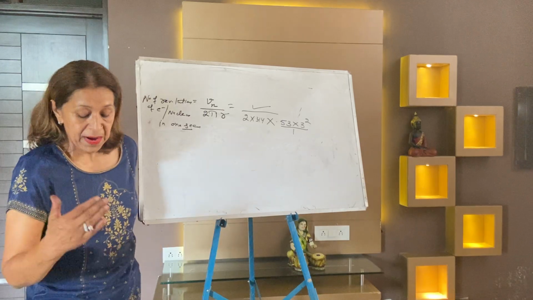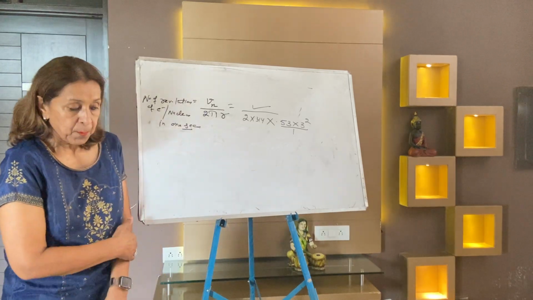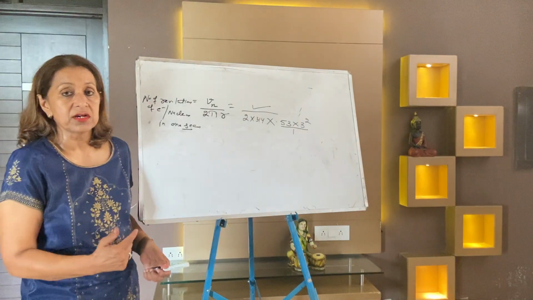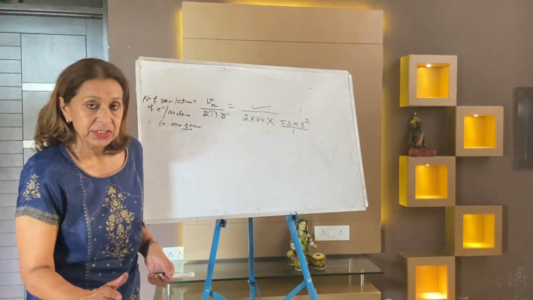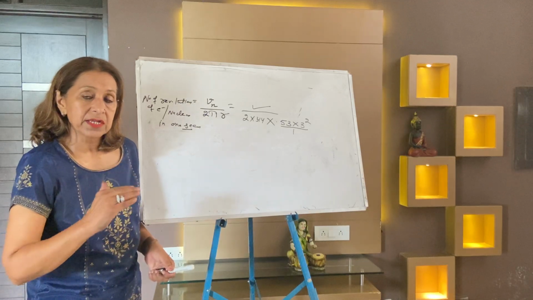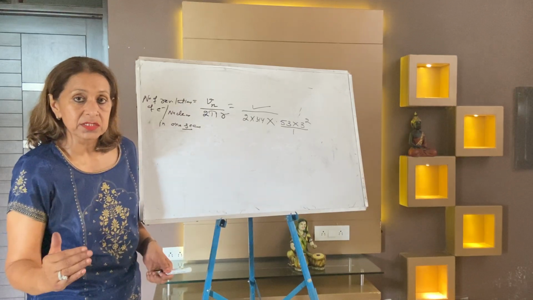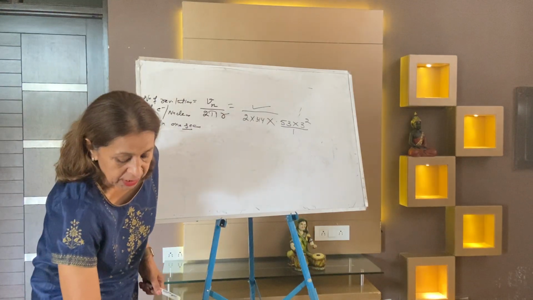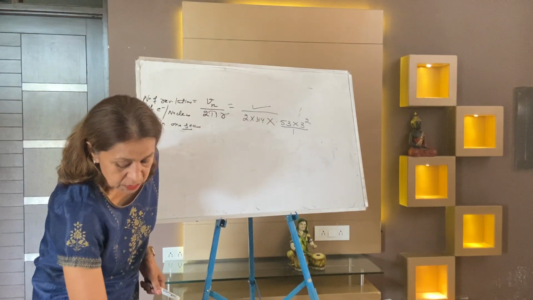Second point: when the radius increases, potential energy as well as total energy increases. Only kinetic energy decreases, but potential energy and total energy increase. So this is all about it.